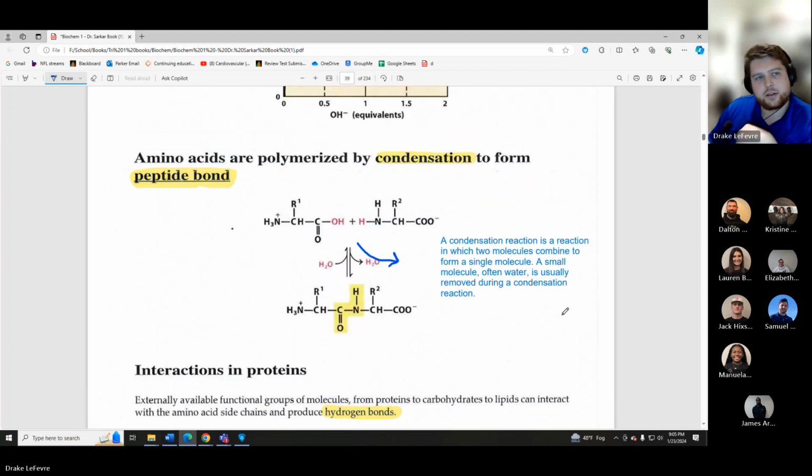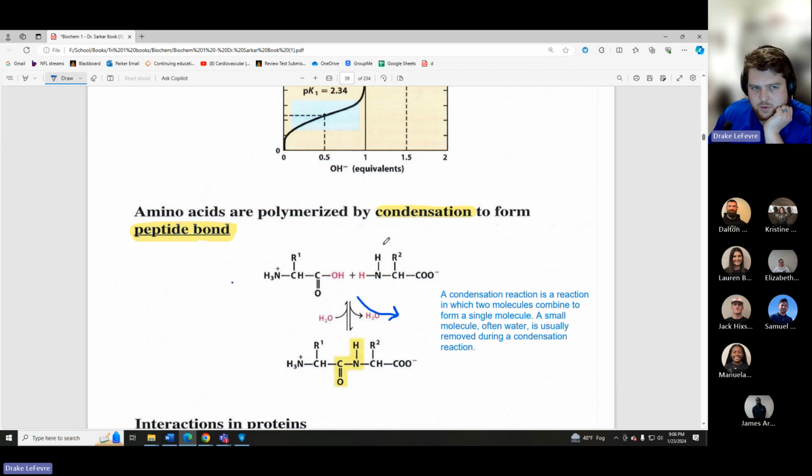Okay. This next part is really important. The amino acids are polymerized. Polymerization: poly meaning multiple, merization meaning combining. So combining of multiple things through a reaction called condensation in order to form peptide bonds.